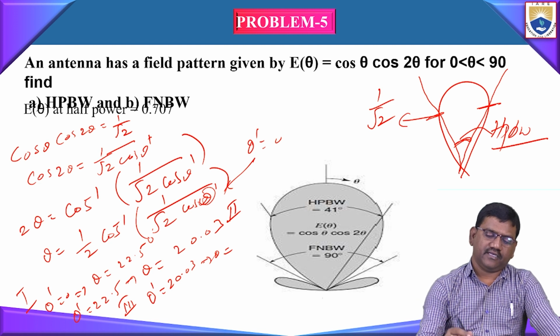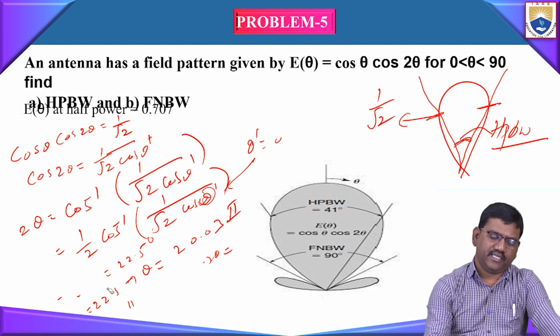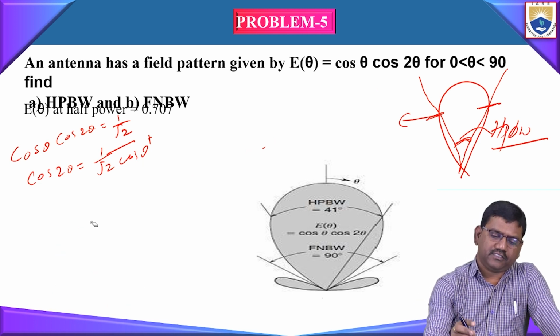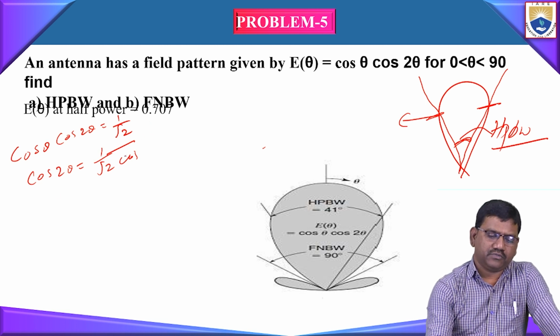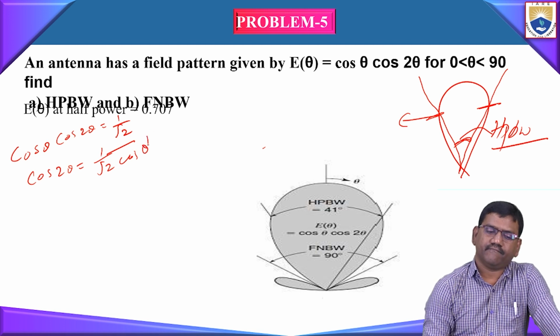So let us simplify again here. Let us assume root 2 into cos 2 theta is 1 by root 2 into cos theta. Assume this as theta dash here.